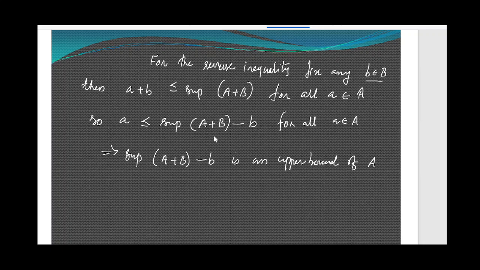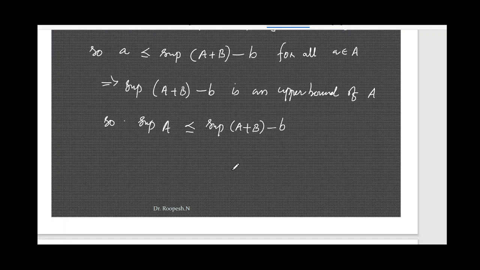Therefore, this is an upper bound of A. So, if this is an upper bound, supremum of A should be less than or equal to supremum of A plus B minus b, right?